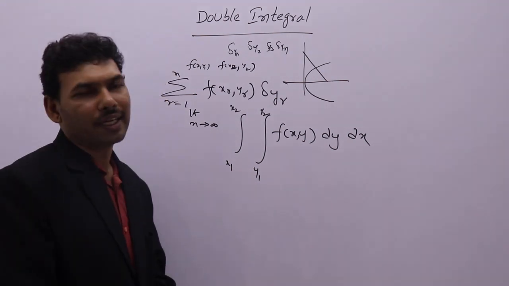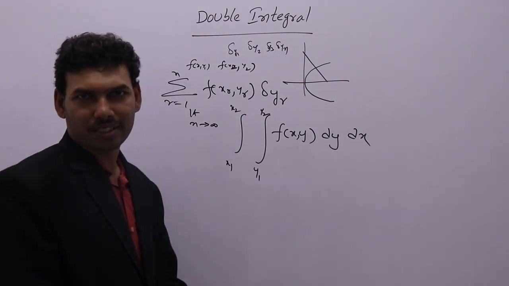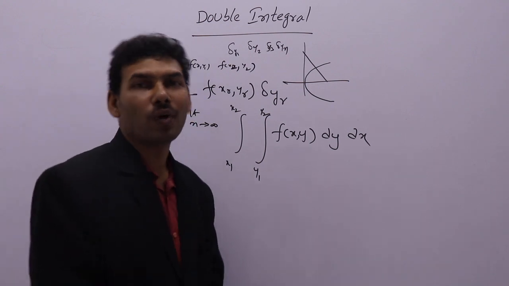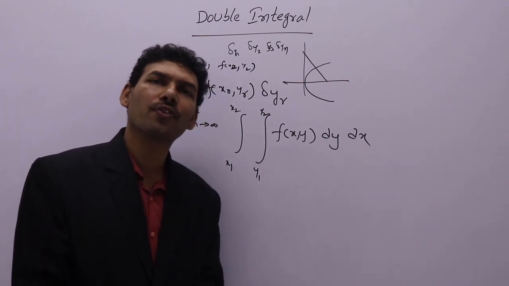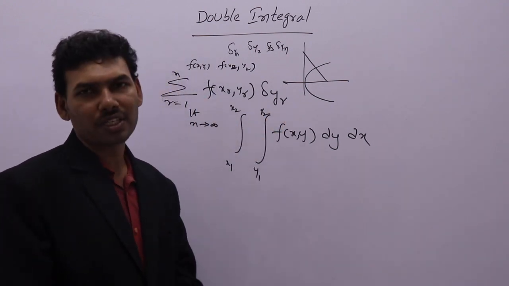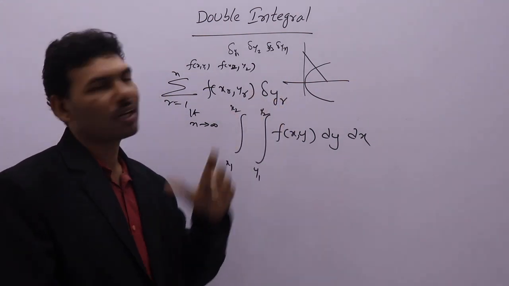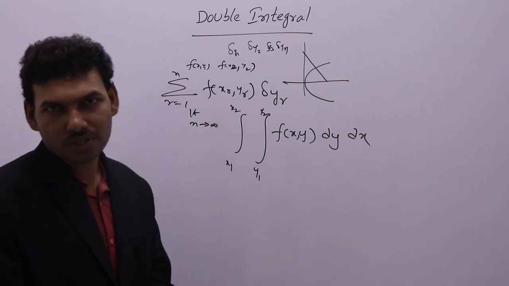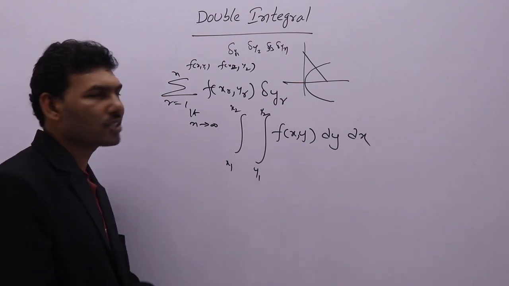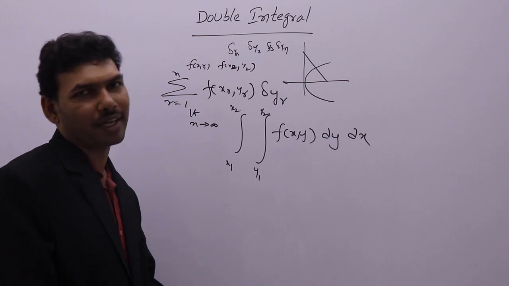It has many applications. Using double integration, one can easily evaluate the area of the region where two curves intersect, area of curves, volume of curves. Like this, there are more applications of double integration and triple integration.